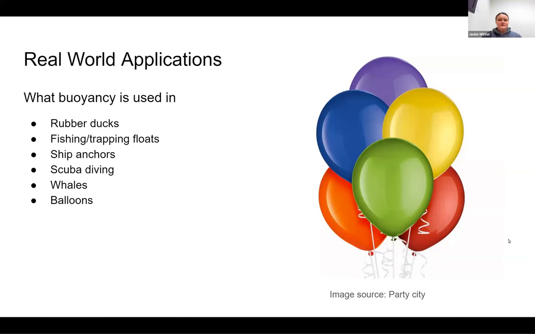This is also very similar to what happens with fishing or trapping floats. They're usually made of rubber, plastic, or glass, and all three of those things, when filled with air, are lighter than the density of water, which allows them to sit and float on top of the water in order to see where your lure or trap is sitting inside of the water.